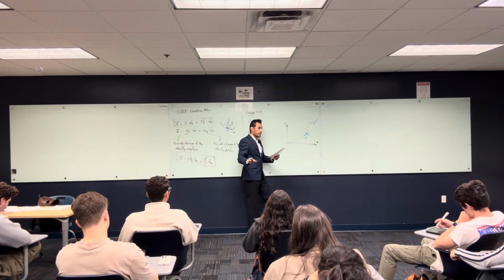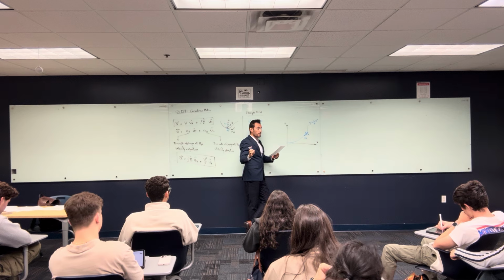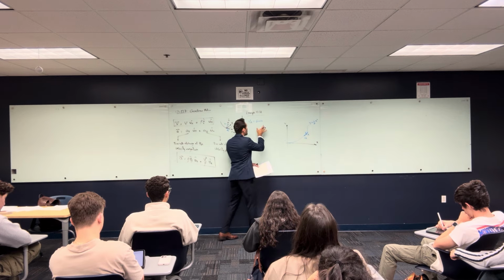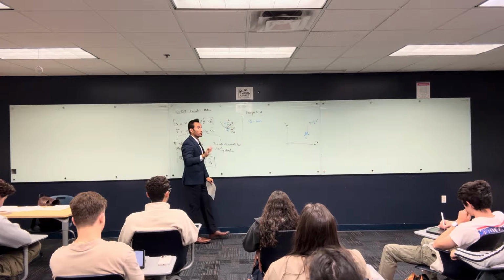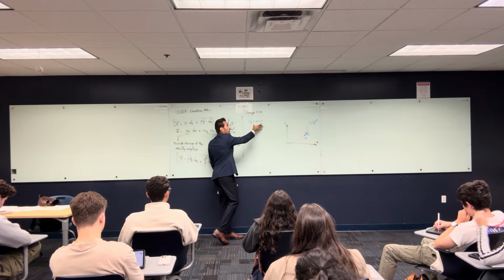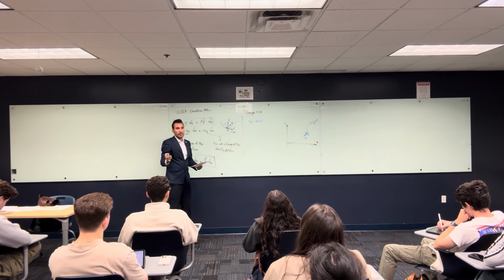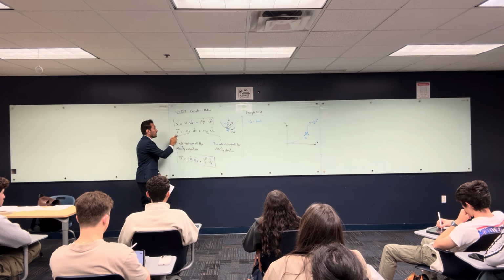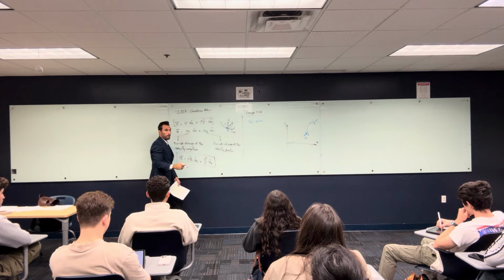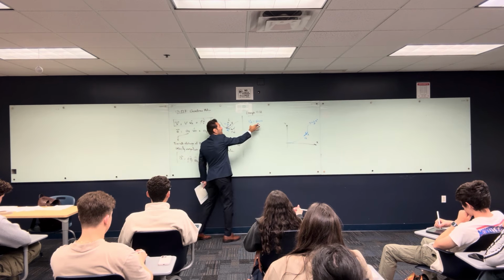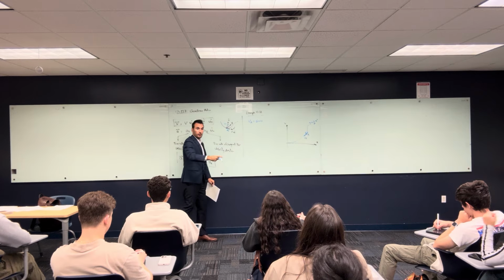And watch out for this: the speed is increasing at 2 meters per second squared. When I say the speed, the magnitude, is increasing by 2 meters per second squared, what kind of acceleration is this? I have tangent and normal. It's tangent, because I'm talking about the speed as a magnitude increasing.